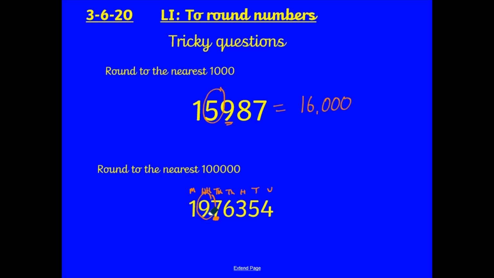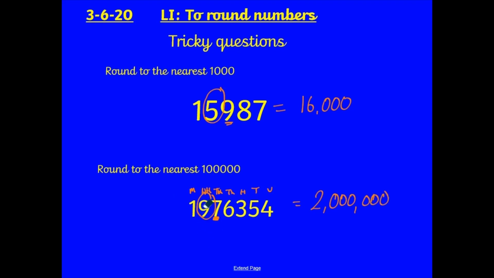What I would have to do is, when I round this up, this number is going to go up by 1, but it's not going to be a 10, it's going to be 0, and then this one would go up by 1 as well. So therefore, when rounded, 1,976,354, the actual closest number, rounded to the nearest 100,000, is actually 2 million.